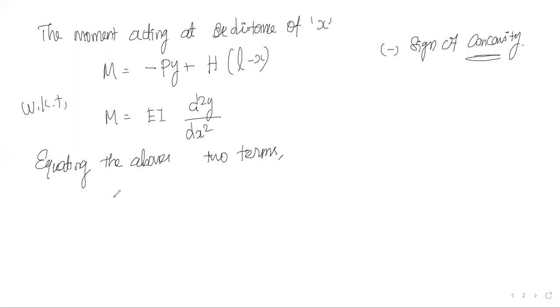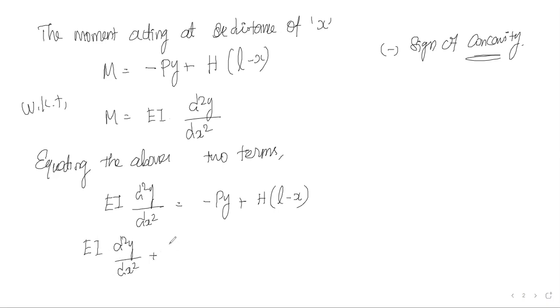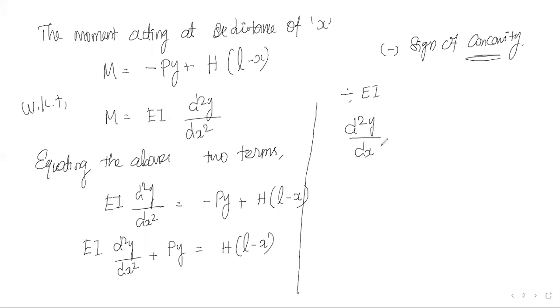EI into d squared y by dx squared is equal to minus P into Y plus H into L minus X. Now we write it as EI d squared y by dx squared plus P into Y is equal to H into L minus X. Dividing by EI, d squared y by dx squared plus P by EI into Y is equal to H into L minus X by EI.